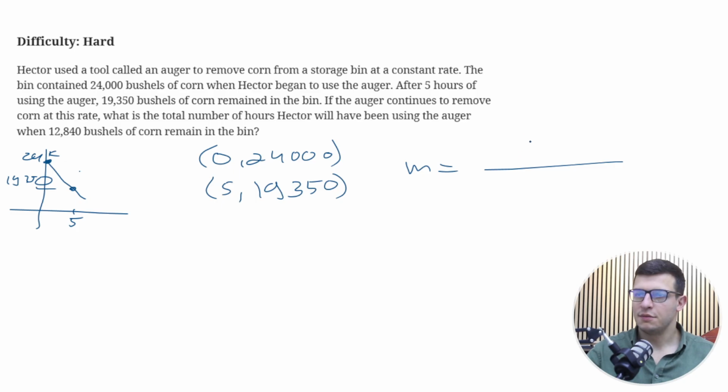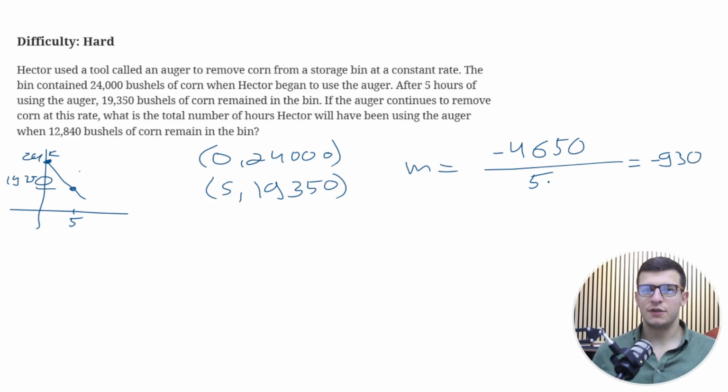So 24,000 minus 19,350, whatever that is, I want to say 4,650. This will be negative, and x2 minus x1 will be negative, so it will be positive, actually. So it's going to be 5. And if you divide that, I think you'll get 930. So we have a negative slope, and it makes sense because we are dipping down as time goes by.